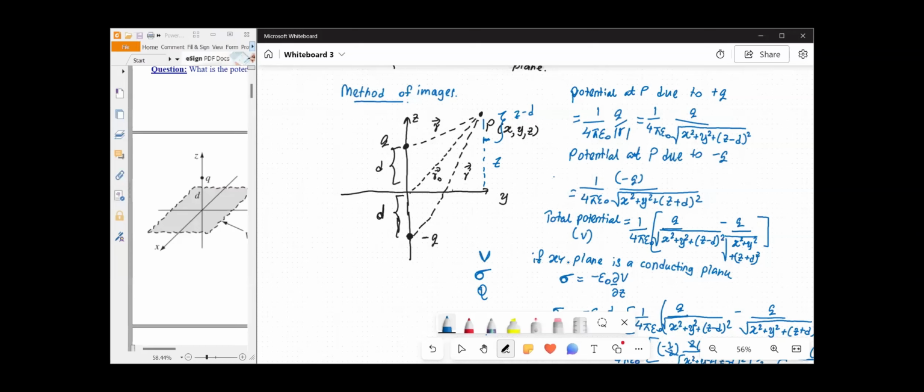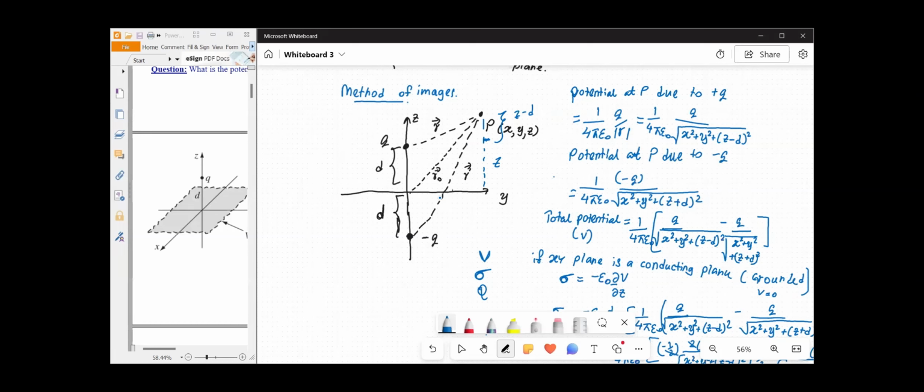So let's see whether our assumption is correct. We assumed the xy plane is a conducting plane, and that it is also grounded. Grounded means the potential is 0 on this xy plane, so the potential should be 0 on the xy plane.